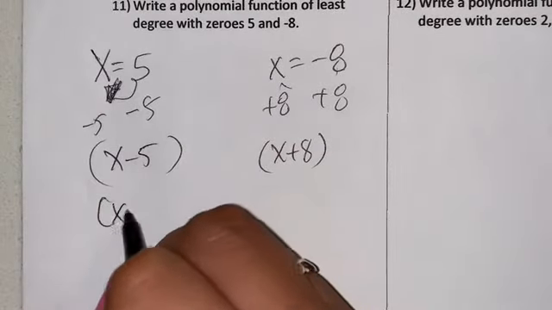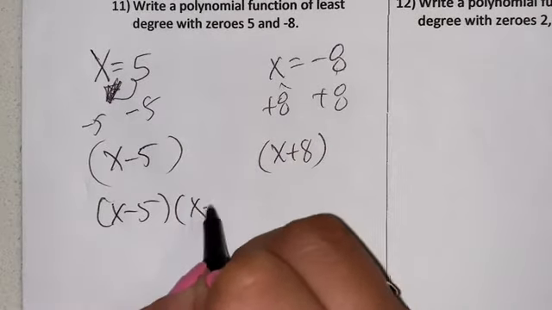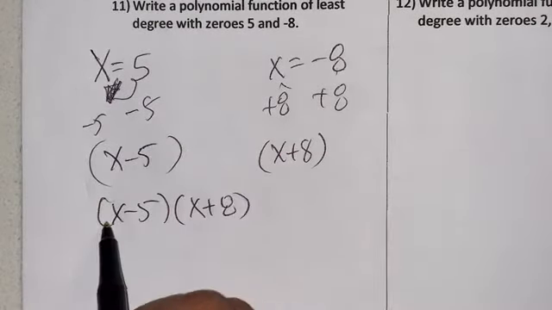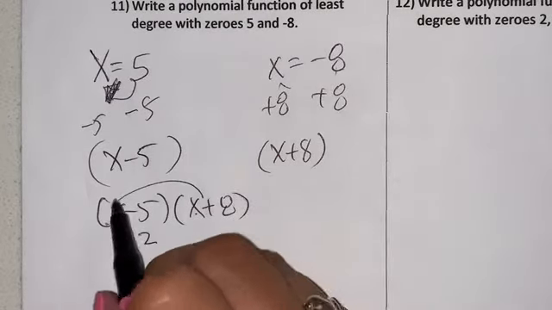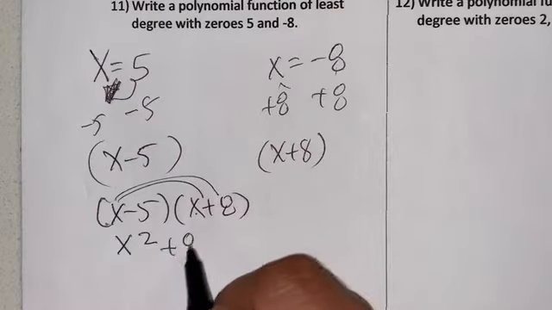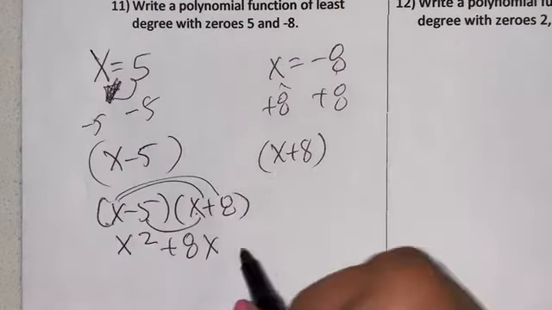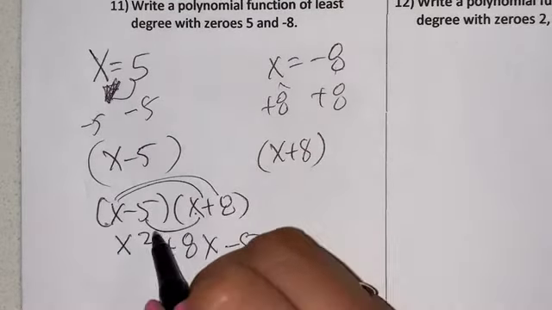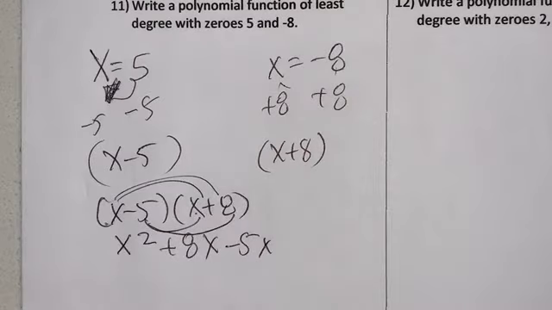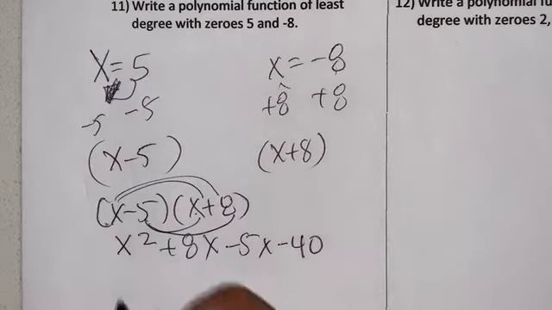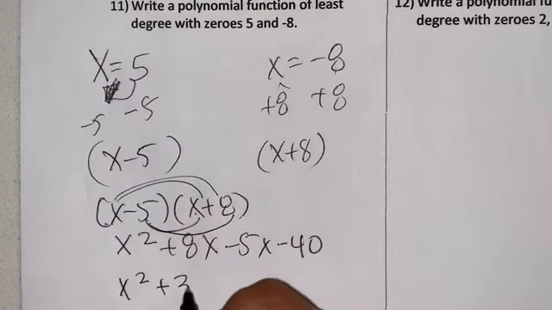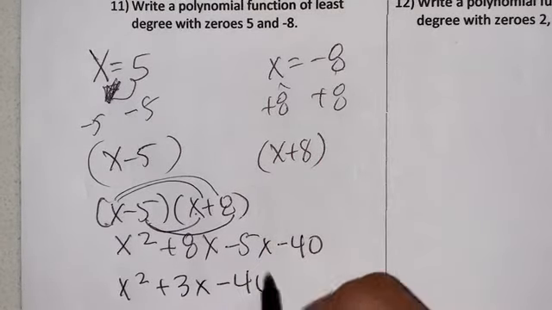So x minus 5 times x plus 8. X times x is x squared. X times 8 is plus 8x. Negative 5 times x, negative 5x. Negative 5 times 8, negative 40. So then I say x squared plus 3x minus 40.